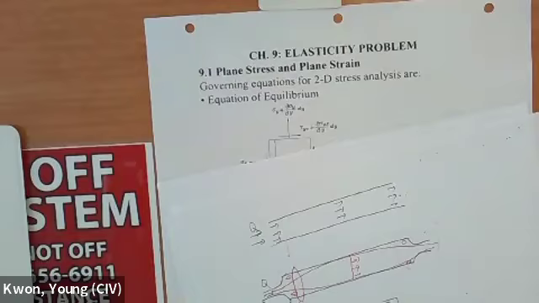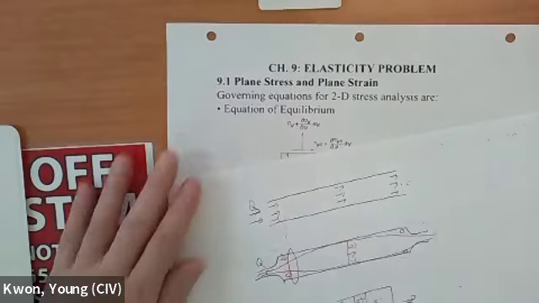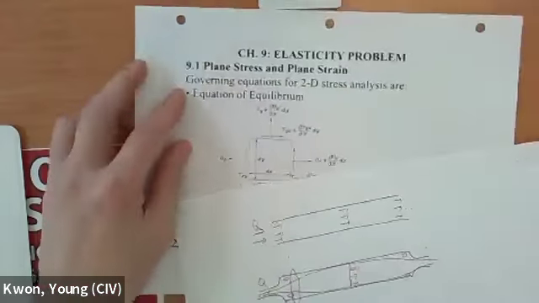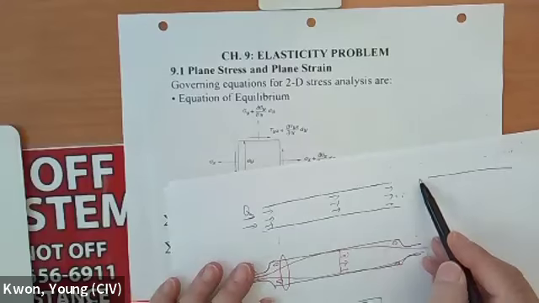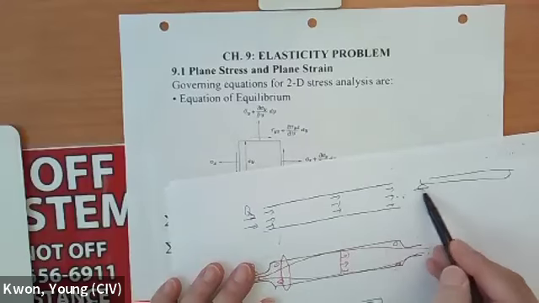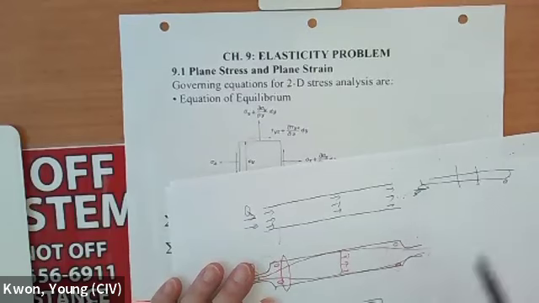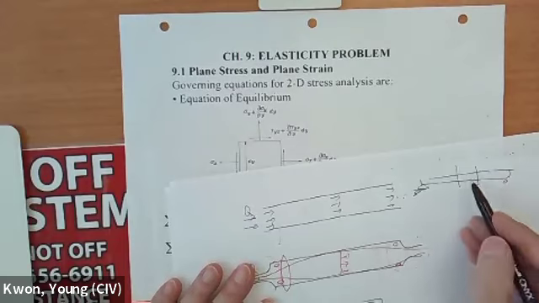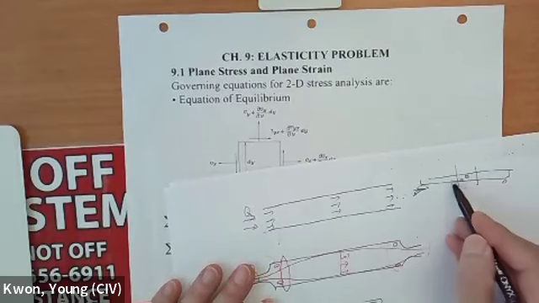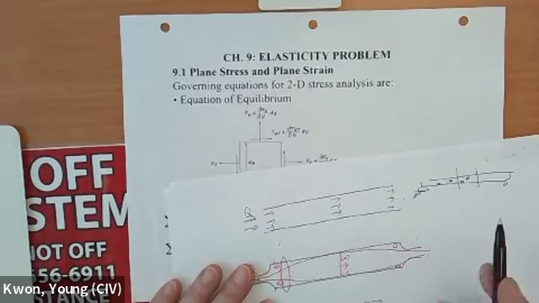So in other words, when you develop the equation of equilibrium, like for a beam, if you have a beam, then you cut the beam like that. But here, we are looking at every element potentially in the beam.